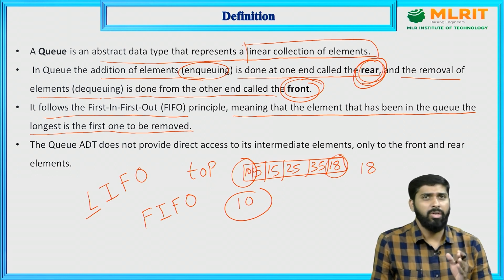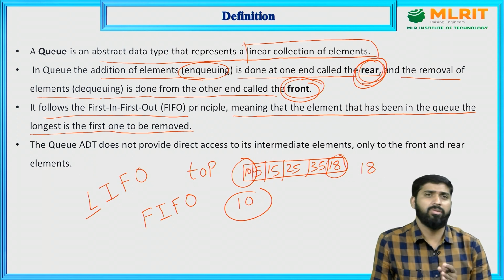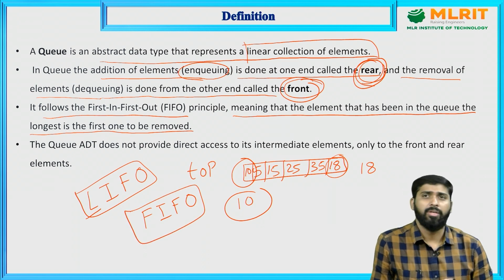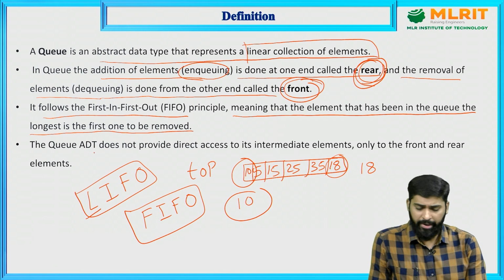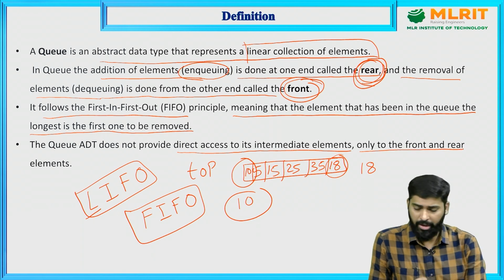Stack is also a linear data type, Queue is also a linear data type. That is the similarity. The difference is that stack follows the LIFO principle, Queue follows the FIFO principle. The Queue ADT does not provide direct access to its intermediate elements, only to the front and rear elements.